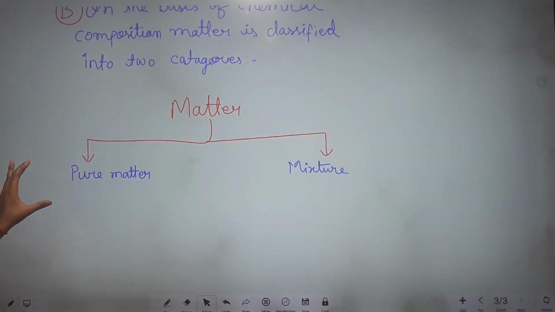So on the basis of chemical composition, matter is divided into two categories. First one is our pure matter and second one is our mixture.